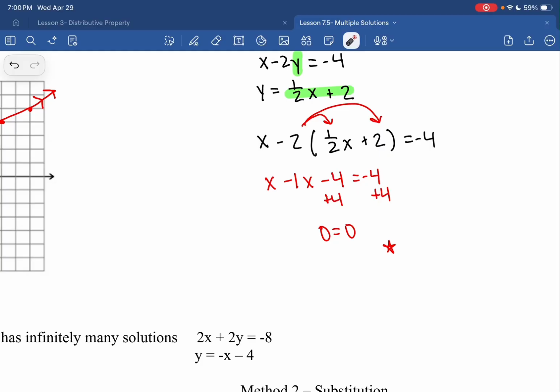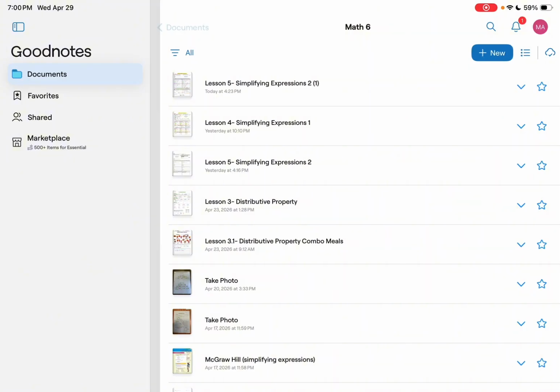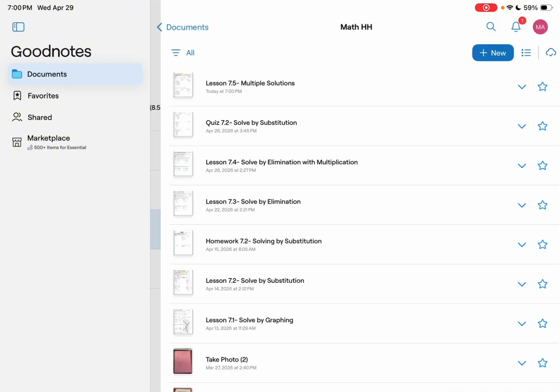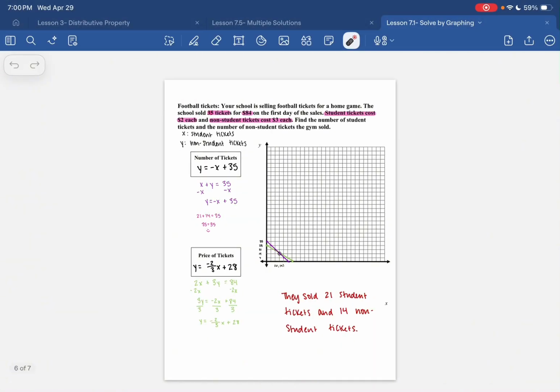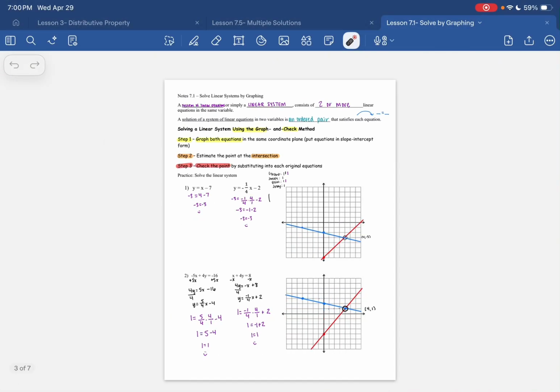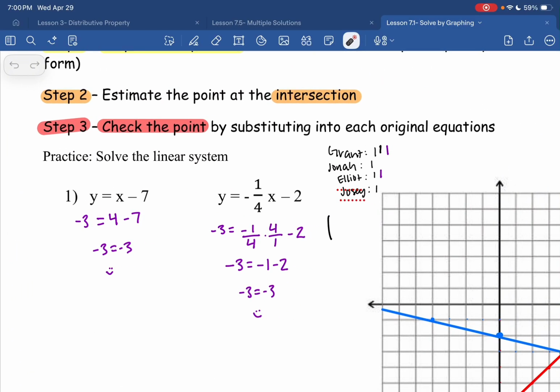I want you to think back to when we did solving by graphing. Okay, so when we look at this lesson, when we did solving by graphing, and we needed to see if something was a solution, we would plug that point of intersection in.